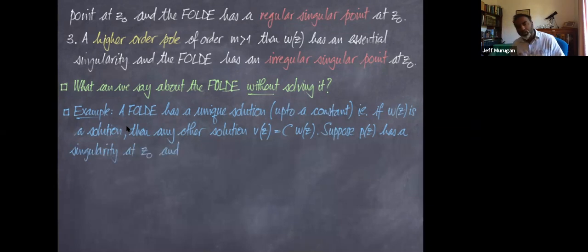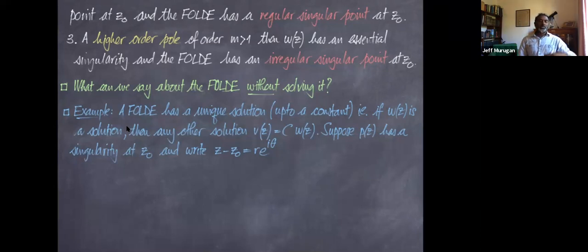And I'm going to choose to write Z minus Z naught in polar form. So modulus argument form, I'll write it as R e to the I theta.